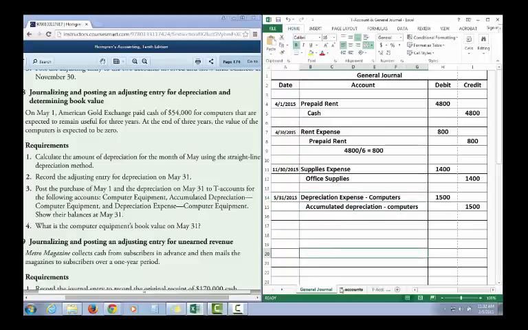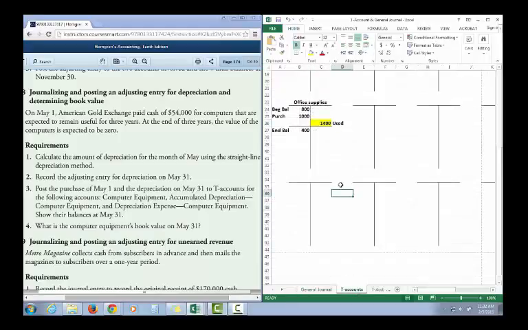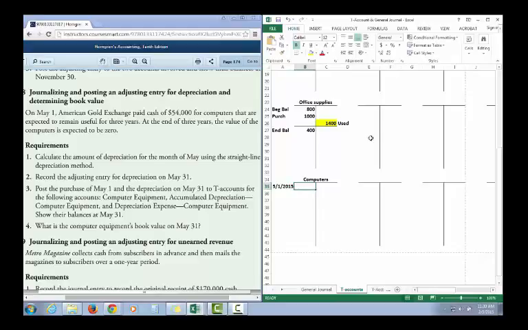Now that we know what the depreciation was and what the cost was, let's look at what a T account for that account would look like. So we've got computers here. We purchased it on May 1st, and it was for $54,000.